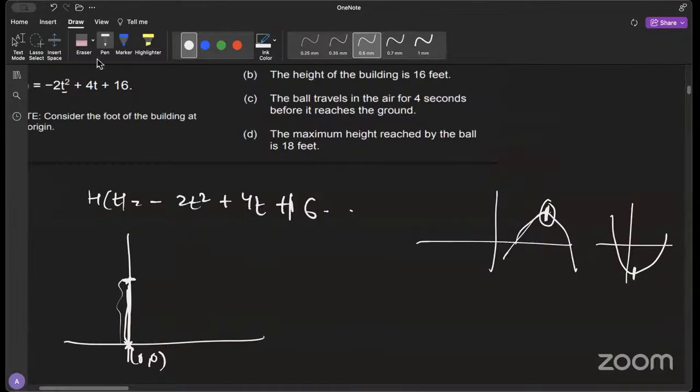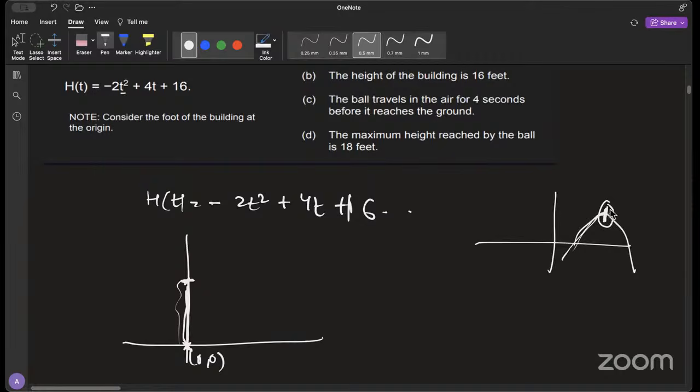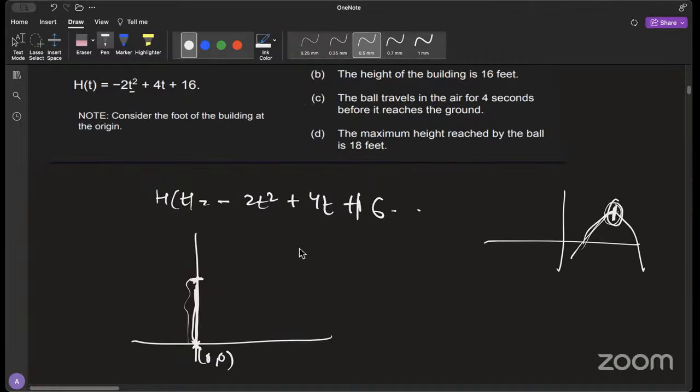It is a downward open parabola, because you have a negative sign here, so it has to open downwards, and then the vertex would be the maximum. The vertex is at minus b by 2a.